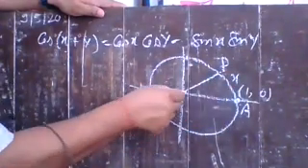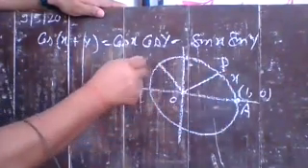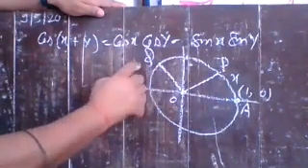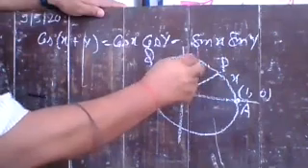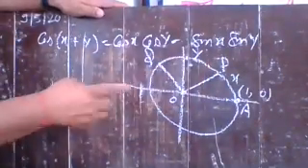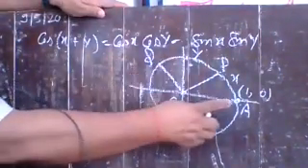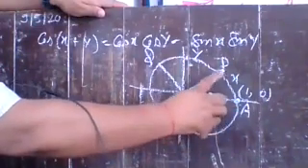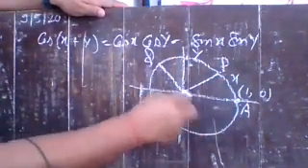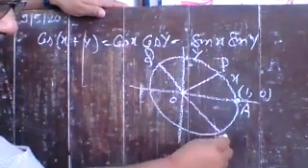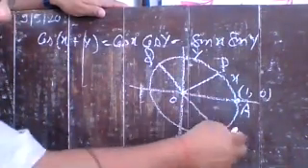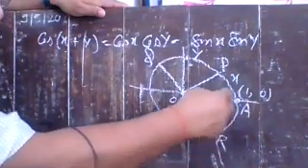Okay, and you take another point Q such that arc PQ is equal to y. The length of arc PQ is y, and the length of arc AP is x. Another point, suppose R, is taken in the negative direction.